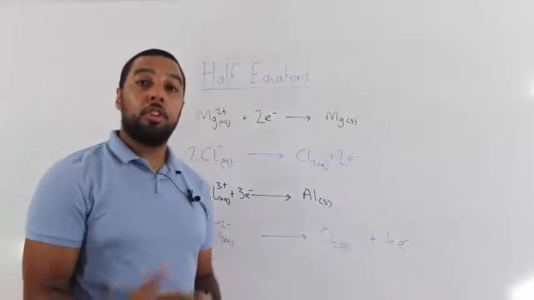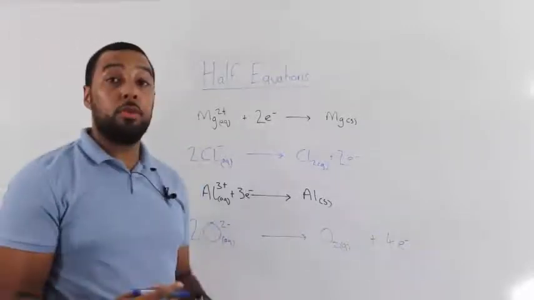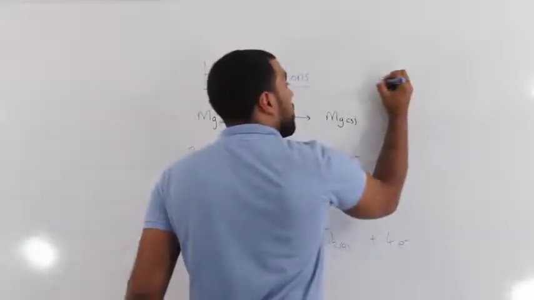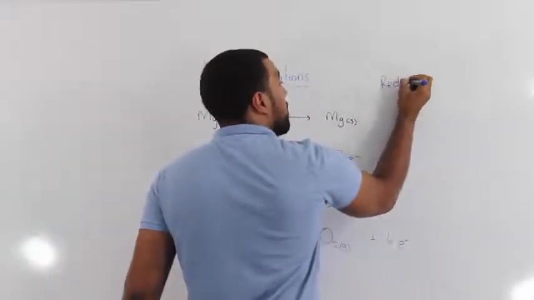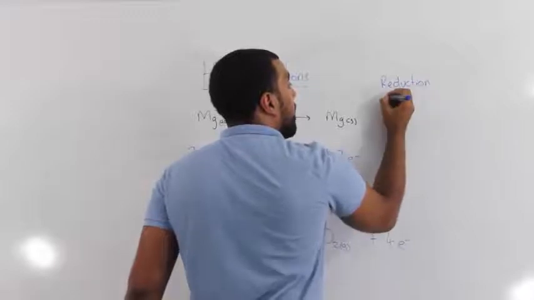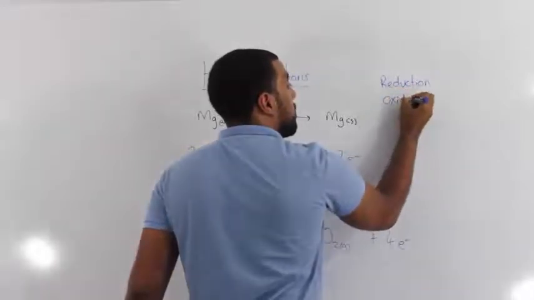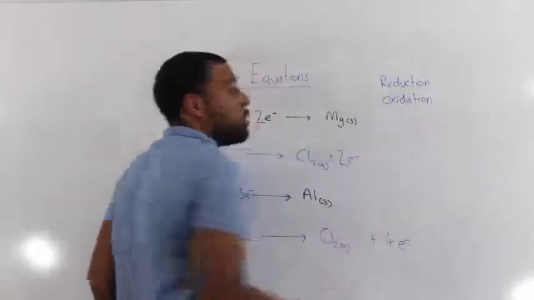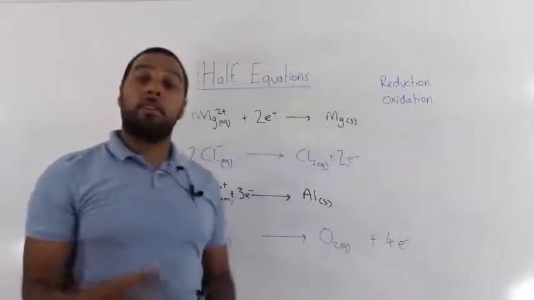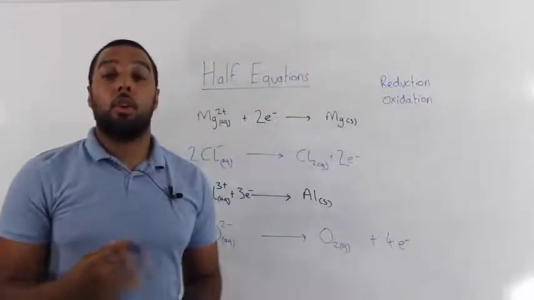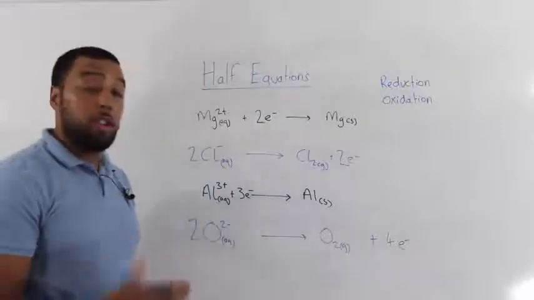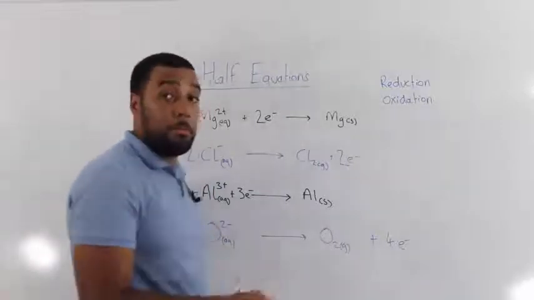There are 2 terms that you guys should be quite comfortable with using, and those terms are reduction and oxidation. During electrolysis, ions are either oxidized or ions are reduced, and you need to know what those 2 terms mean.